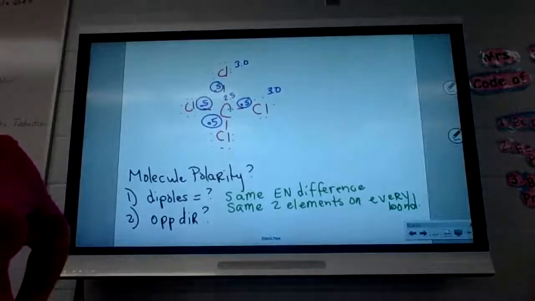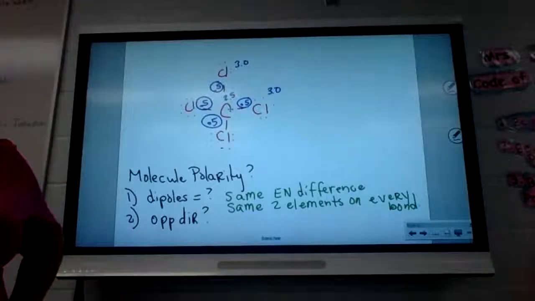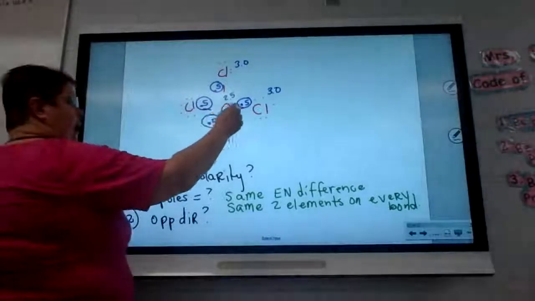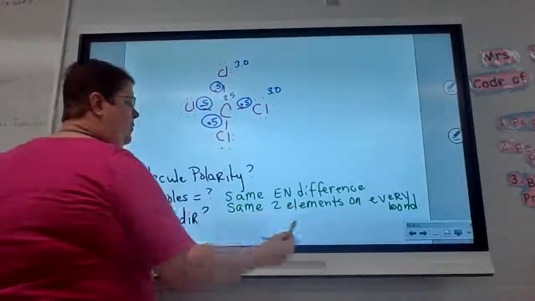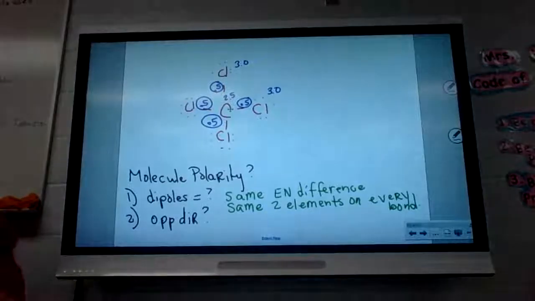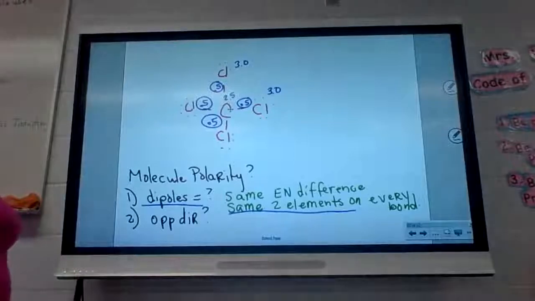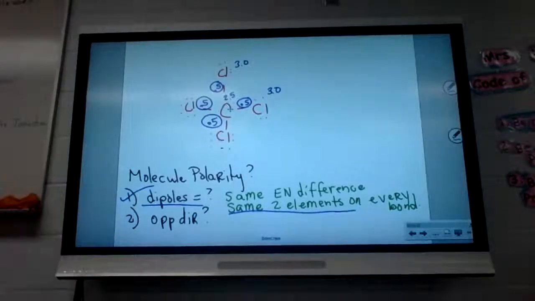They're equal. Do we need to do that on every single molecule? No. Because what can you tell me about all four of these bonds? Do they have the same two elements or do they have different elements? Same two. As long as they have the same two elements, what can you tell me about the dipoles? They're always equal. We meet rule 1.